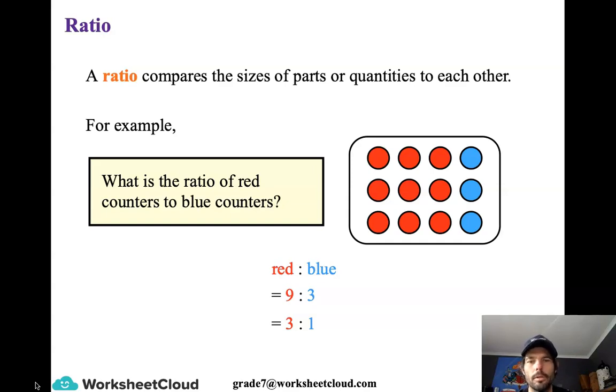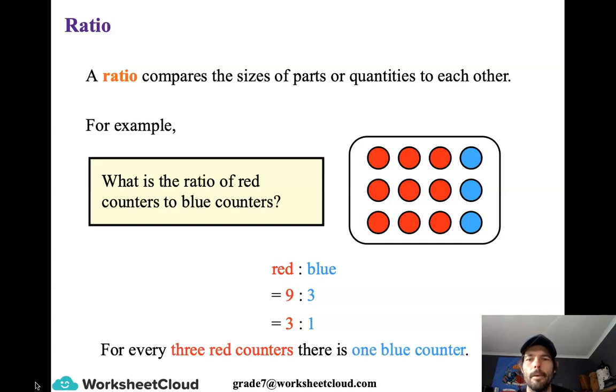It's very important that the ratio is written in the order that they tell you about. So if they say the ratio of red counters to blue counters, then the red must come first and the blue must come second. Okay? And we read it: for every 3 red counters, there's 1 blue counter.